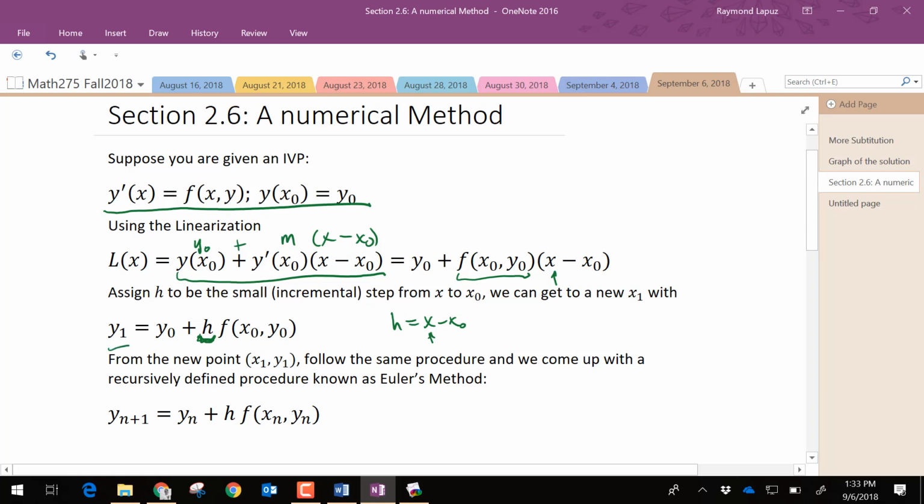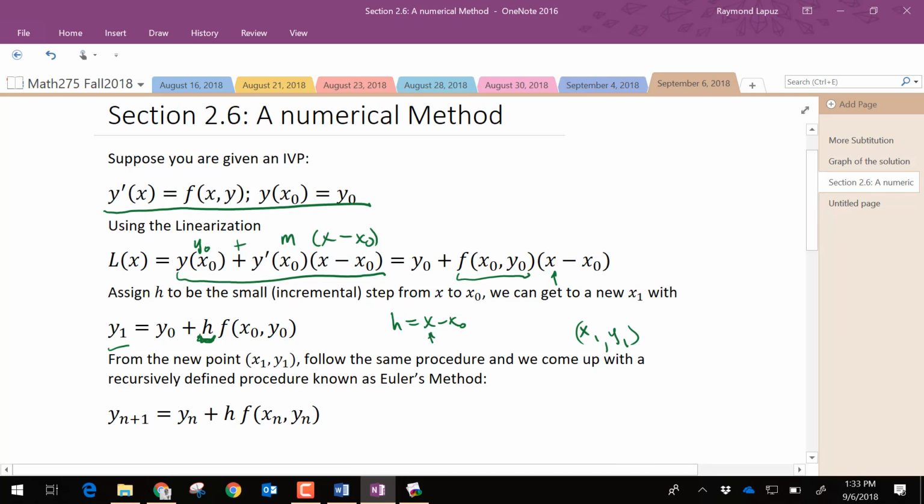And then you're going to get a new y value. And then that new y value is going to be your new starting point. And then from this x1, y1, you're going to come up with another slope. You're going to take another little step, and then you're going to get x2, y2.